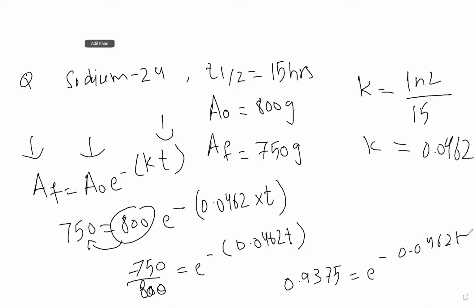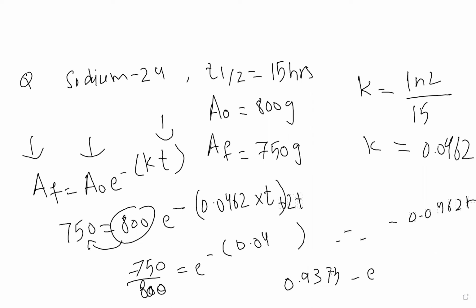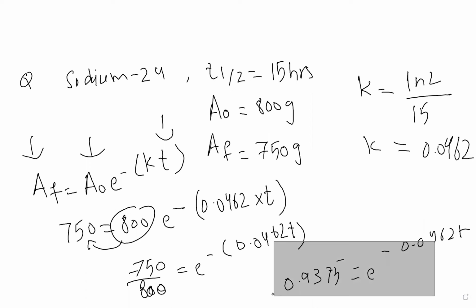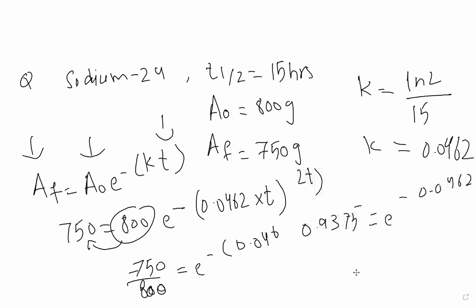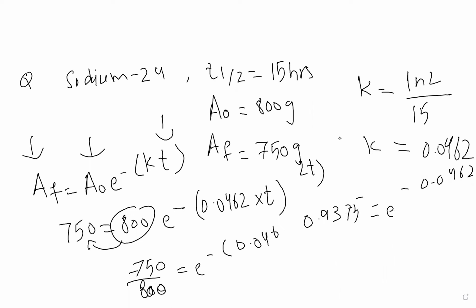So in calculus, how you solve this equation is you take the natural log on both sides to cancel the e. So ln of 0.9375 equals ln of e to the negative 0.0462 t.